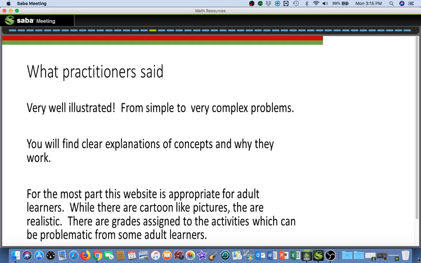Clear explanation of concepts. And an important point here, I was thinking that as we were looking at the site: it is appropriate for adults, and there are cartoon-like pictures. It's still meaningful for adult learners. However, there's the downside of grades being assigned to the activities. Based on your practice, I'm not sure if that is a benefit or a challenge.